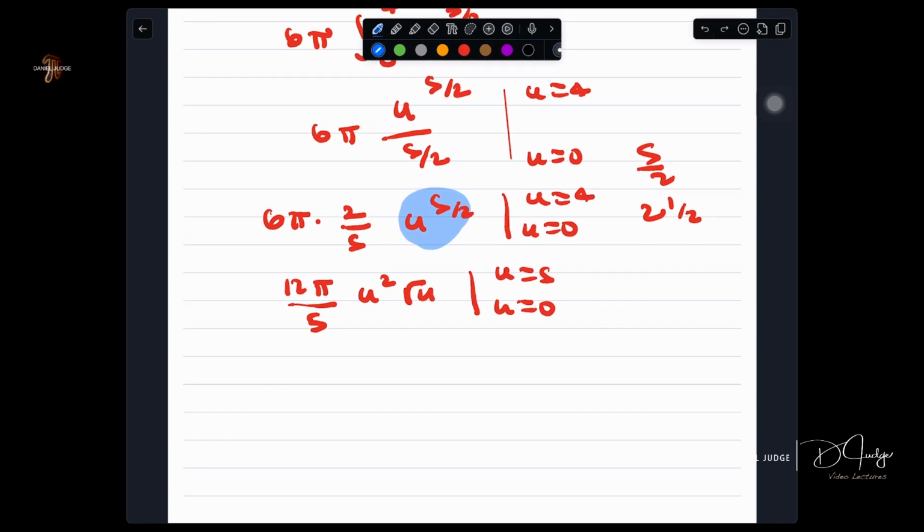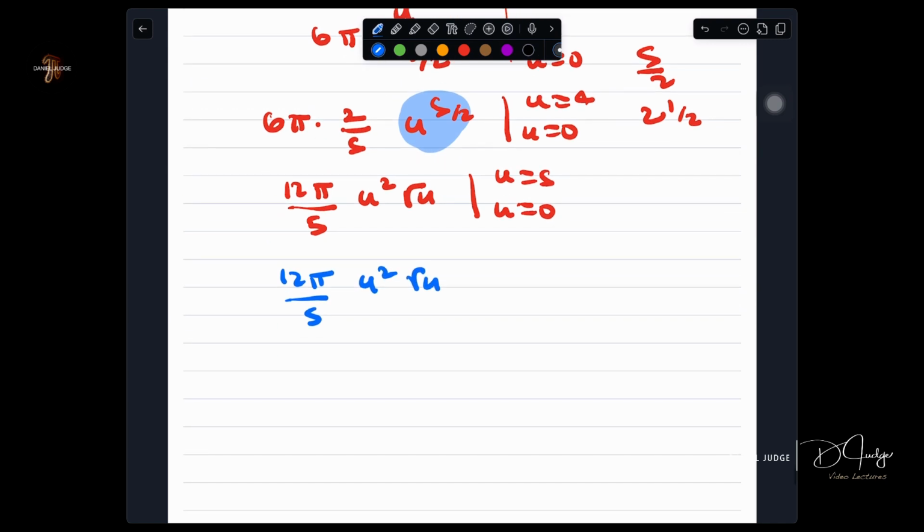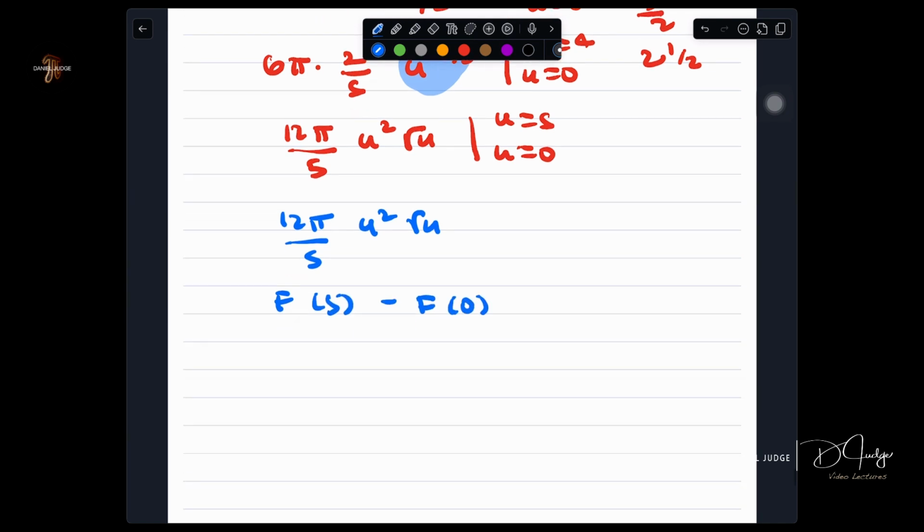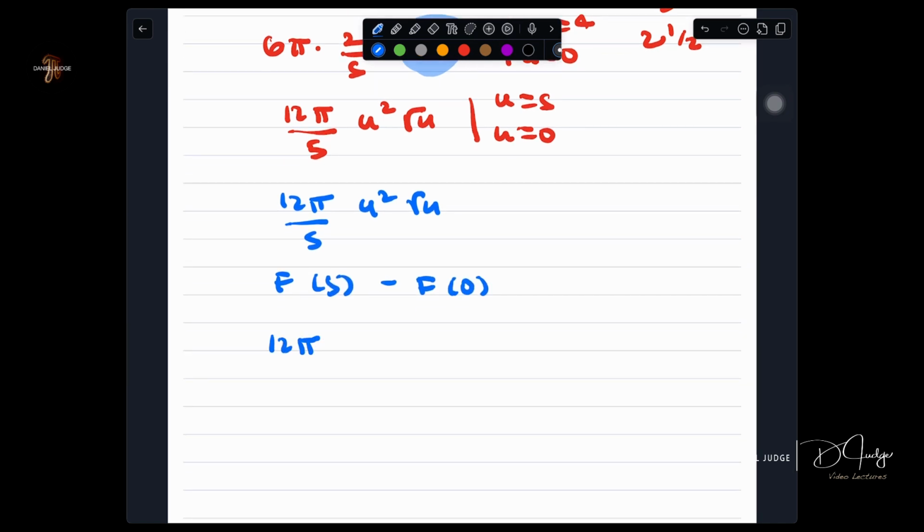Let's change to blue. 12 pi over 5, u squared square root of u. We're going to need f of 4 minus f of 0, which will be 12 pi over 5, 4 squared square root of 4, minus 12 pi over 5, 0 squared, square root of 0.